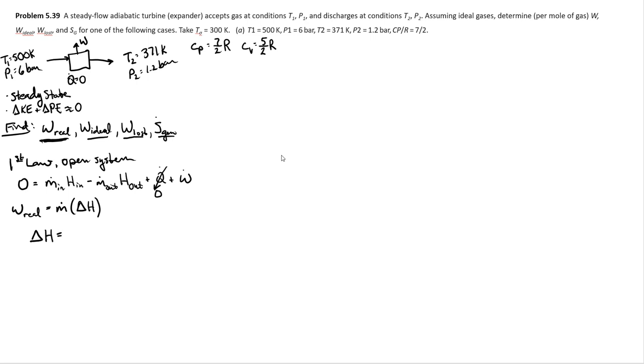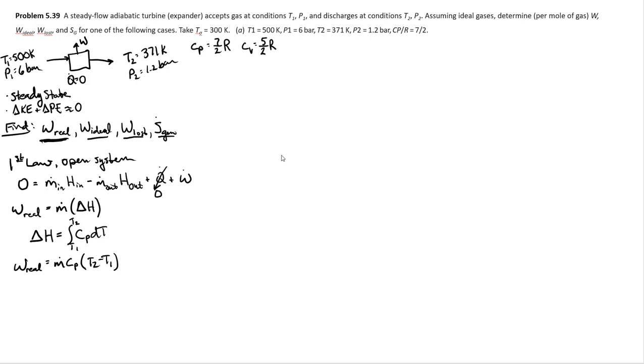The enthalpy change for an ideal gas undergoing any process is the integral of Cp dT from T1 to T2. And since heat capacity is constant, we can pull that out. The real work for this process is equal to m dot times Cp times T2 minus T1.